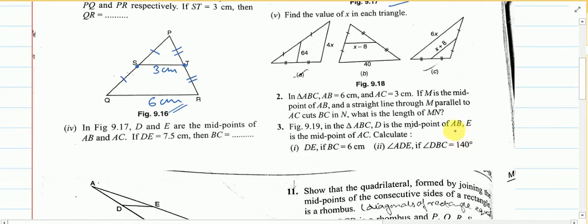question number 5. So here question number 5 says find the value of x in each triangle. So altogether there are 3 triangles, and let's see the first one.